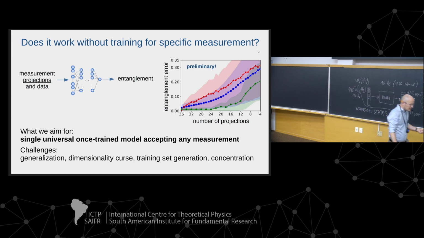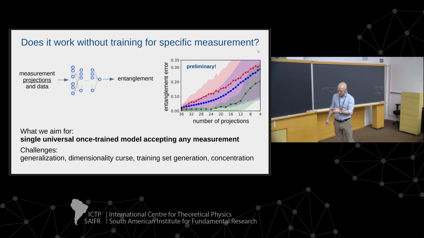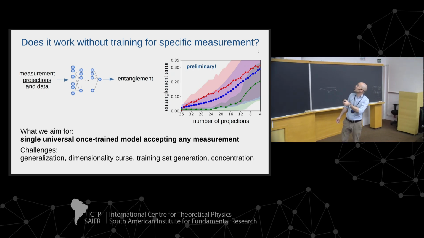And these are very, very preliminary results. The blue curve is the entanglement error reached by the device-agnostic neural network. So still only for 2 qubits, the dimension is fixed.